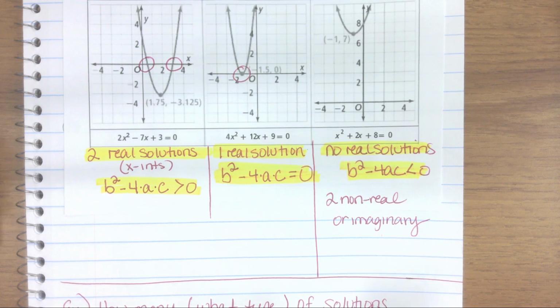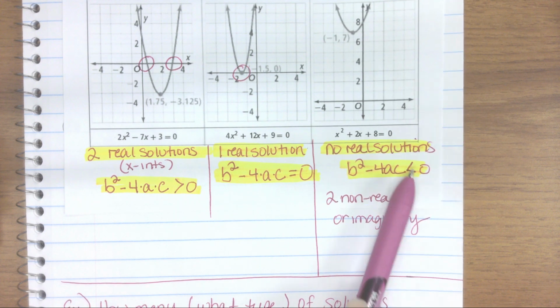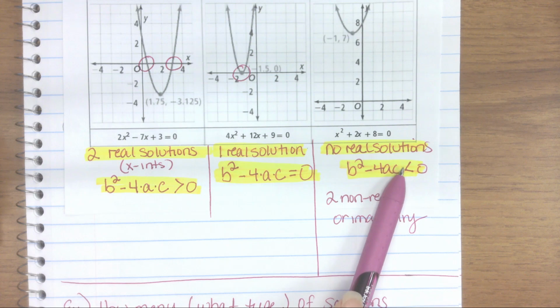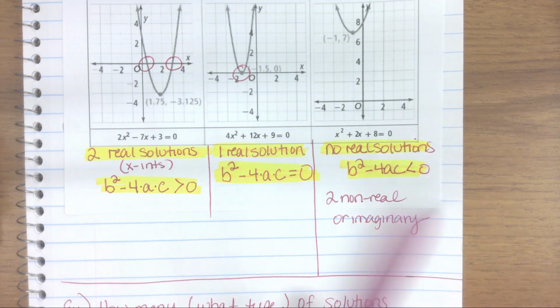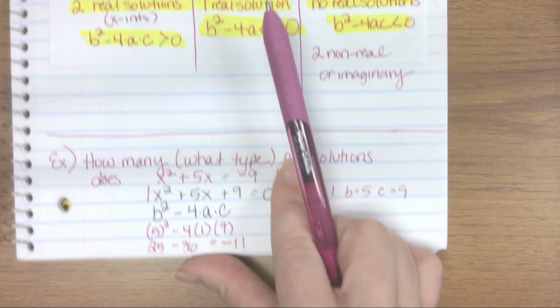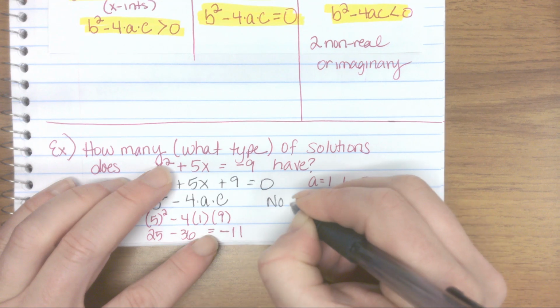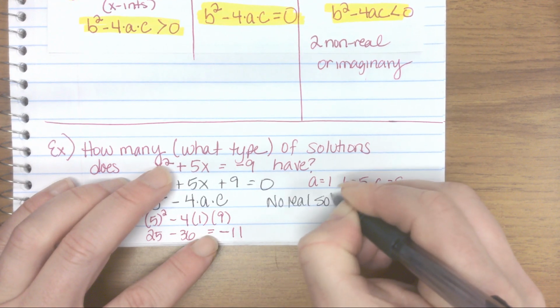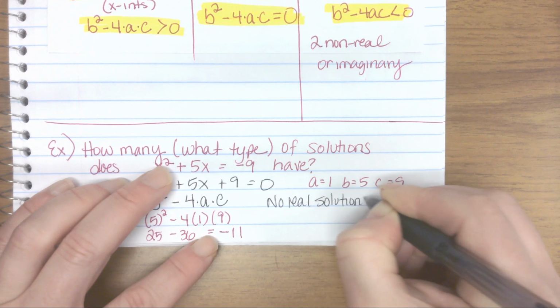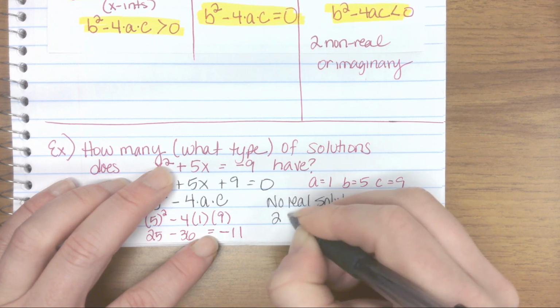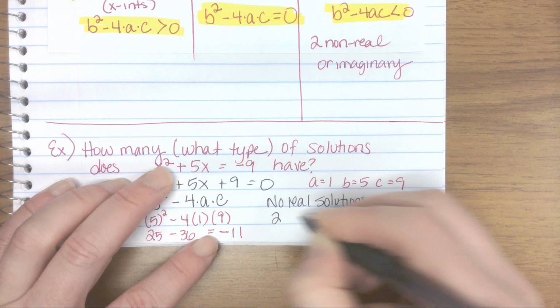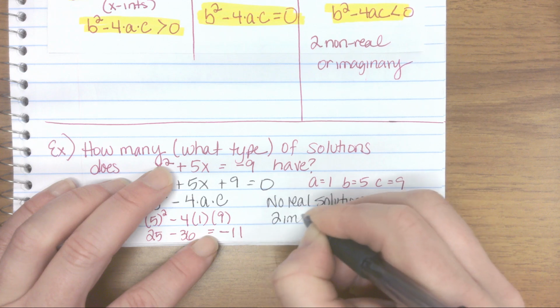That's this. There are no real solutions. Okay, but what kind? Imaginary. So what I would say is no real solutions, but 2 non-real or imaginary.